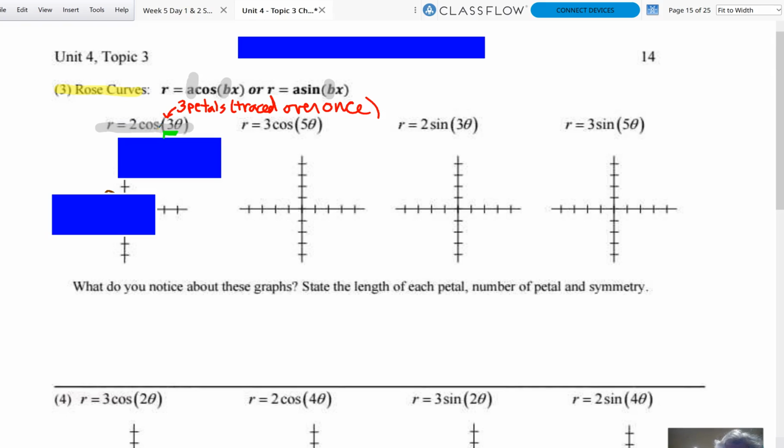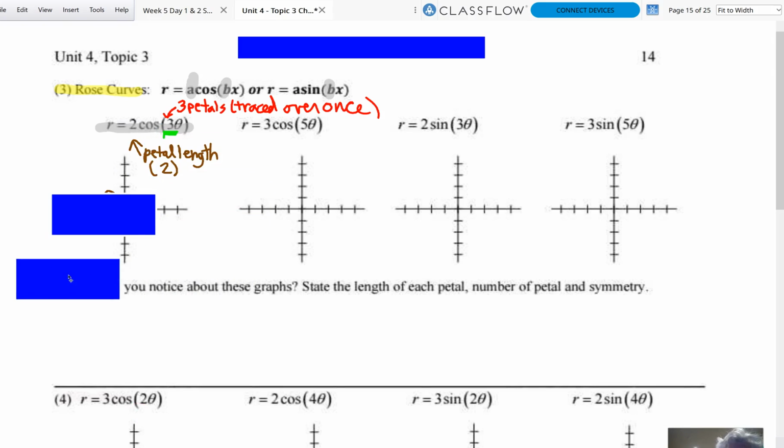They're actually 6 petals. You get them one time, and then as you finish your complete rotation counterclockwise, you're going to trace over those same petals again. So I also wanted to point out that the amplitude for these kind of curves represents the petal length. So when I look at this graph, first of all, again, it's cosine.